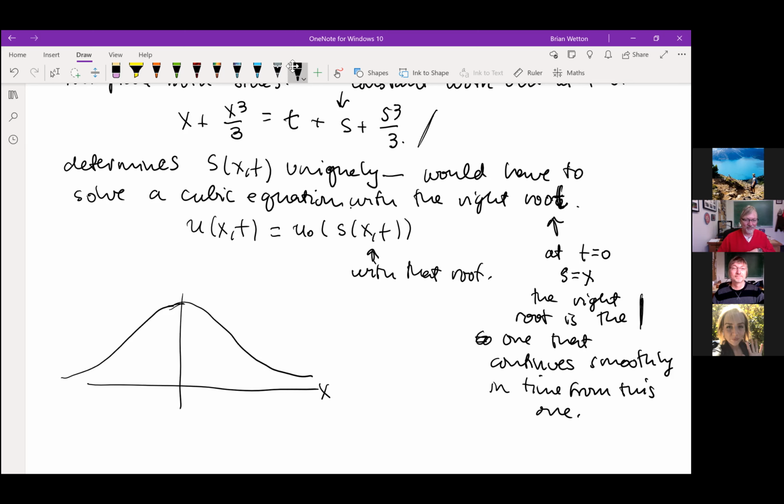Now, maybe that will be clear from the cube root formula. I'm not sure about that, but at least mathematically, it's clear which root you should take from this continuity argument. Does that answer your question? I'm not going to ask you to use the cube root formula ever.